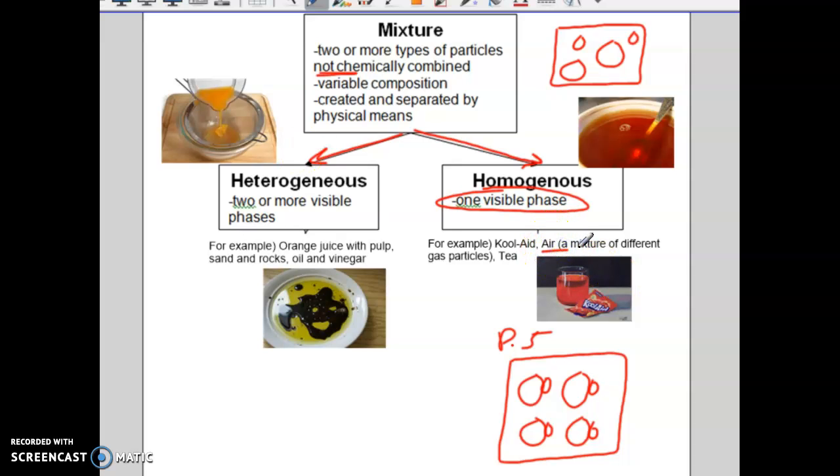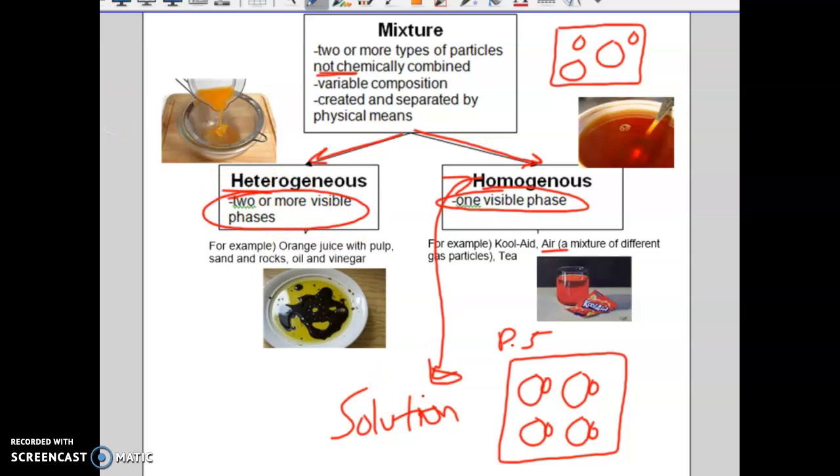When you're looking at it, you cannot see the differences. I can't look at the air in a room and say, okay, well, this pocket of air is nitrogen and this pocket of air is oxygen, right? It just looks like a colorless gas. So one visible phase is homogeneous. This also goes by another term, which is called a solution. So the word solution and homogeneous mixture can be used interchangeably.